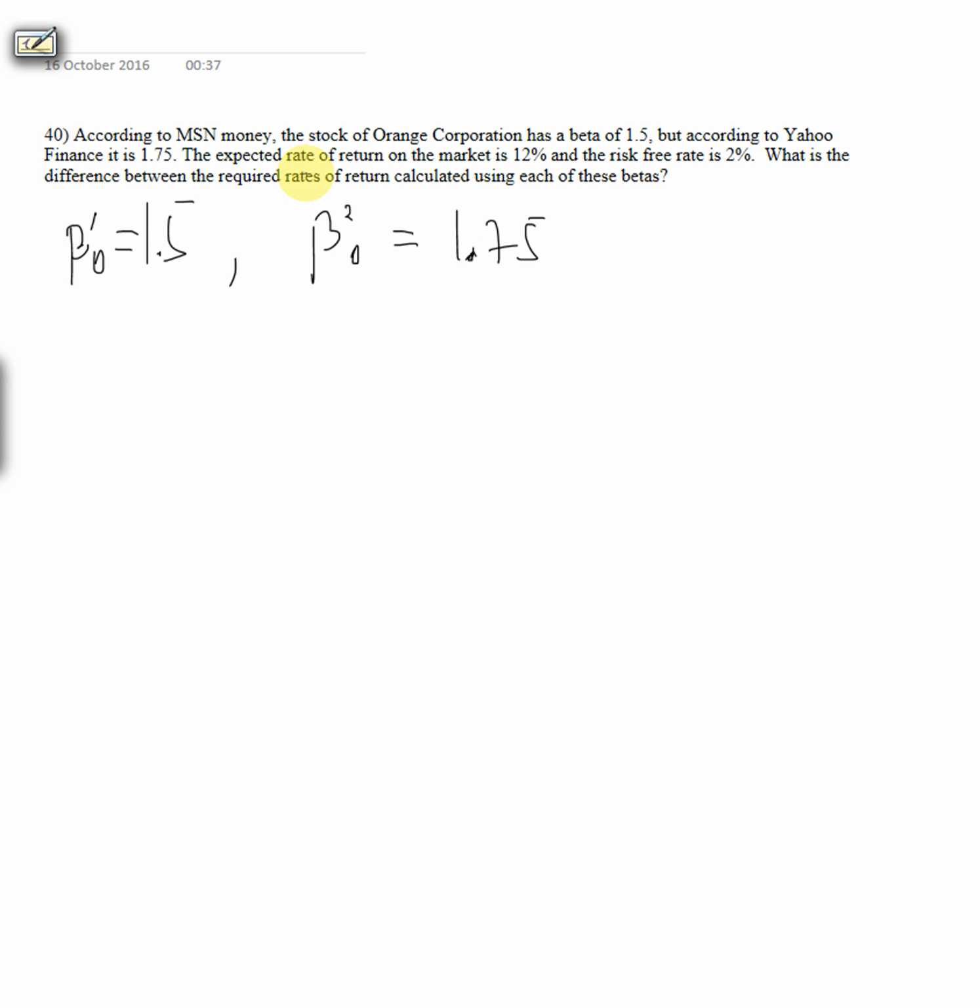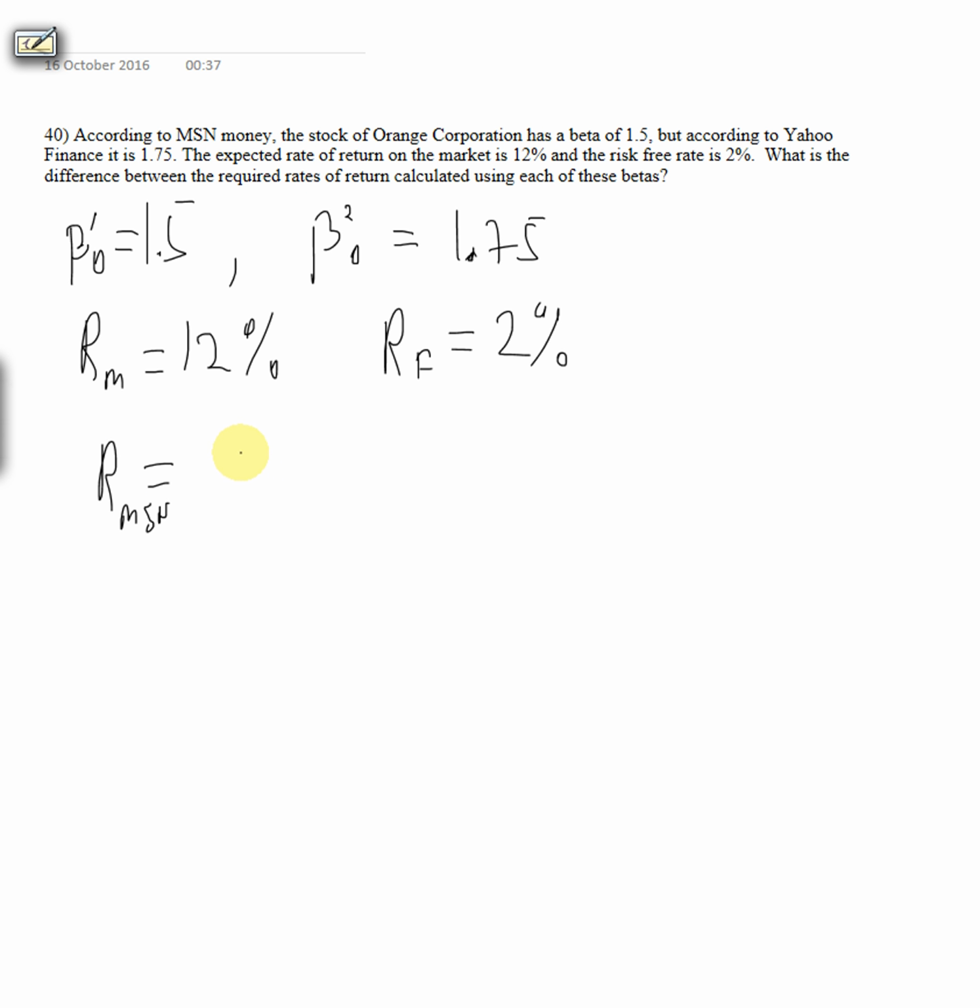Okay, the expected rate of return on the market is 12%. So at the same time we have market return which is 12%, and the risk-free rate is equal to 2%. Now what is the difference between the required rates of return calculated using each of these betas? So let's calculate the required rate of return first using the MSN beta.